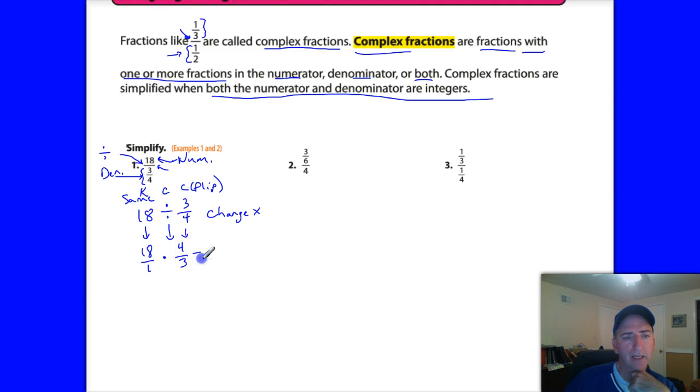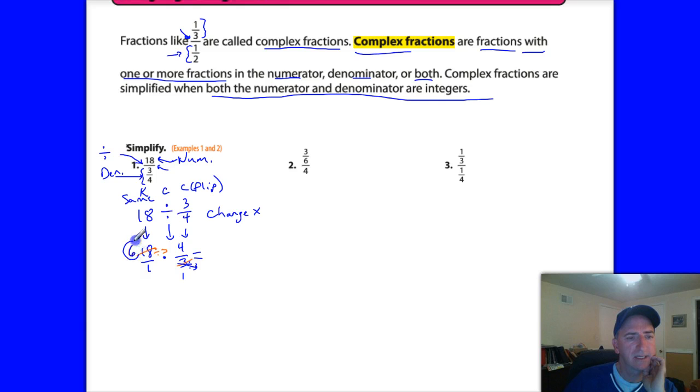Now we can multiply. 18 and 3 both have a factor of 3, so 18 divided by 3 is 6, and 3 divided by 3 is 1.